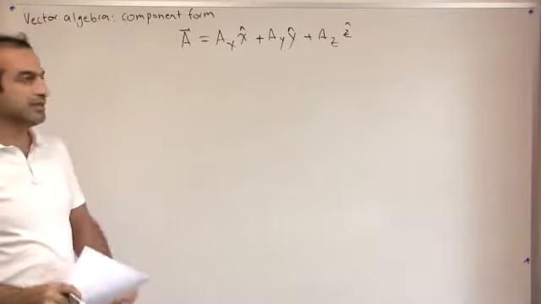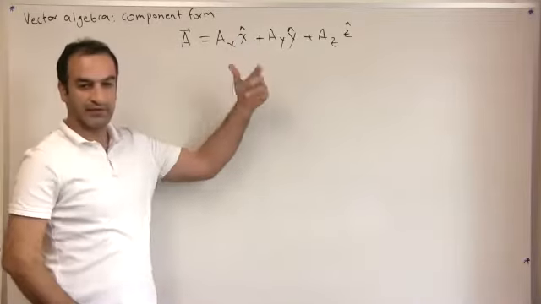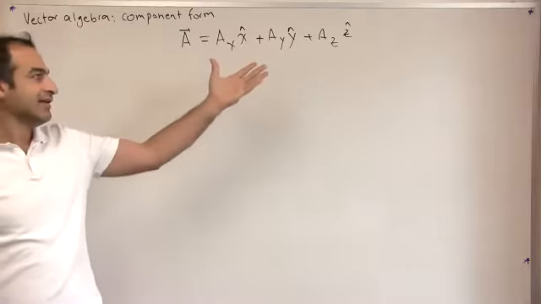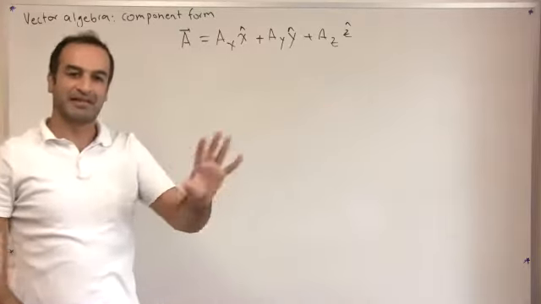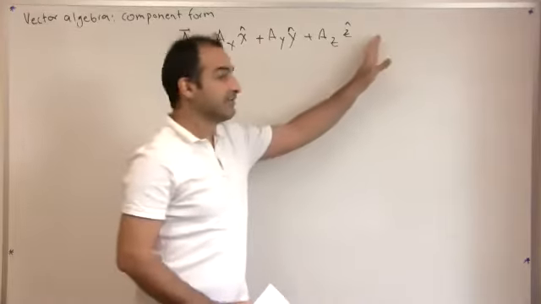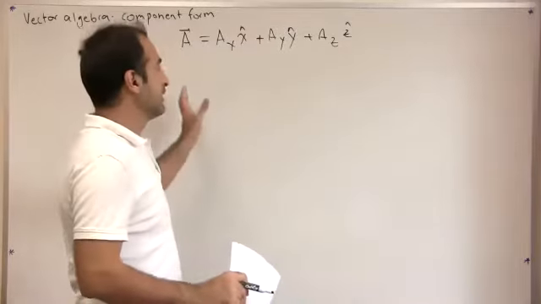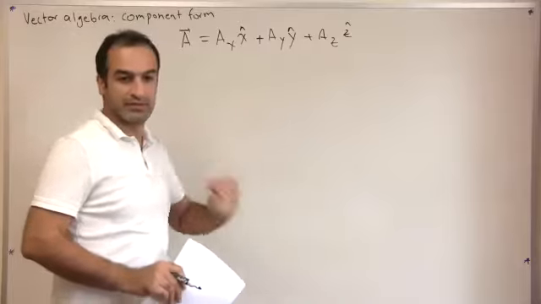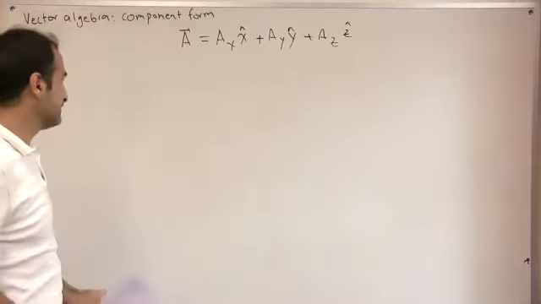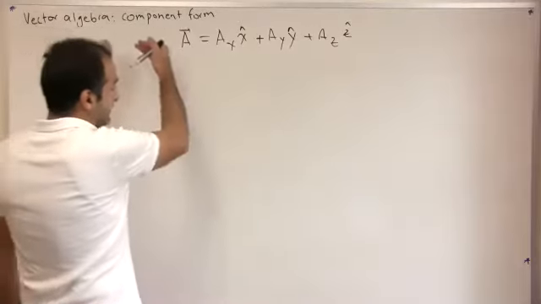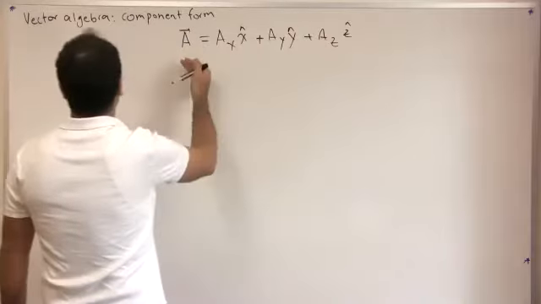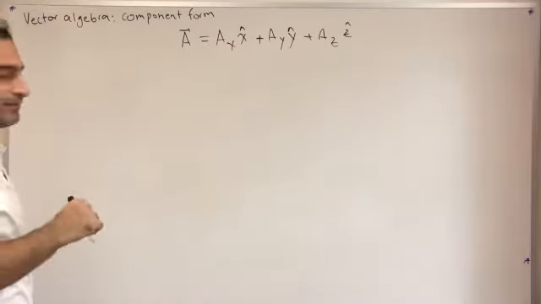If we are in 2 dimensions, it's going to be only x and y. If we are in 4 dimensions, outside of electromagnetism and mechanics, it happens, then we will have other components as well. For this course, we are always limited to 3 dimensions. Then, very basic vector algebra using the components.